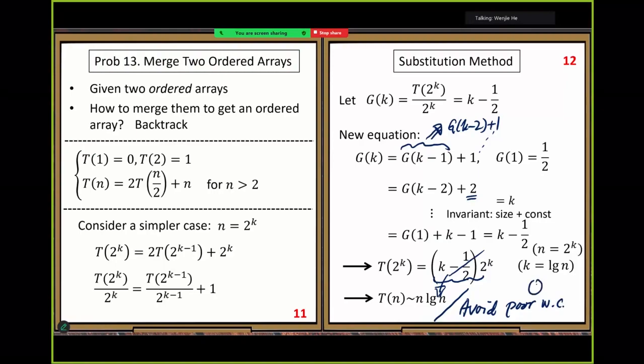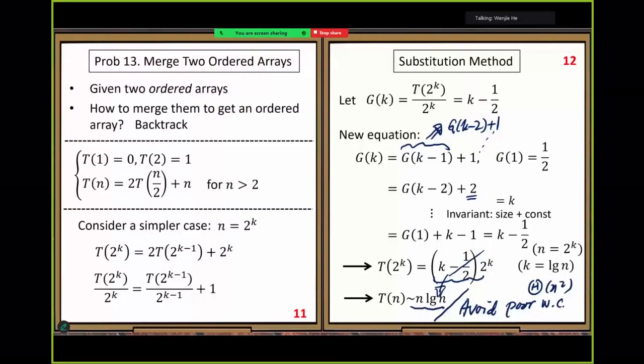The poor, that is big theta of n squared, right? Here, we make it. We get n log n. So that's a big improvement. So for the merge sort, the worst case is big theta of n log n.